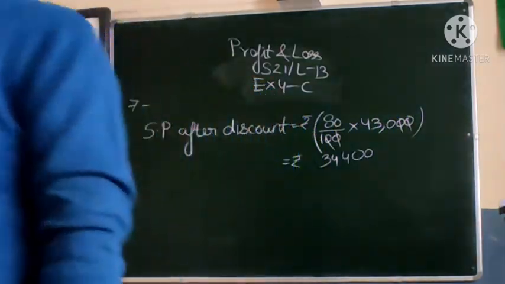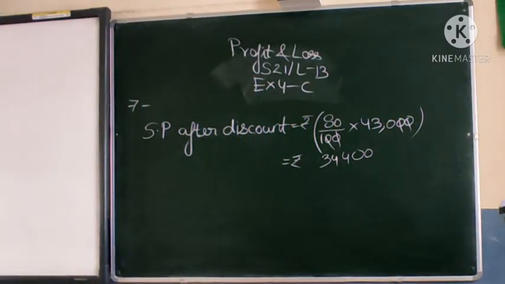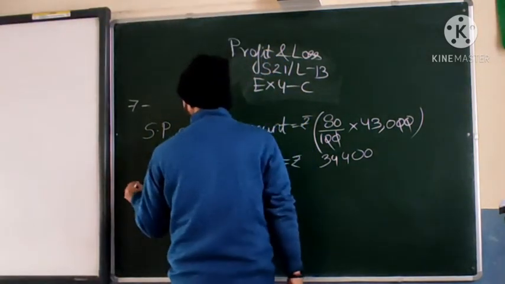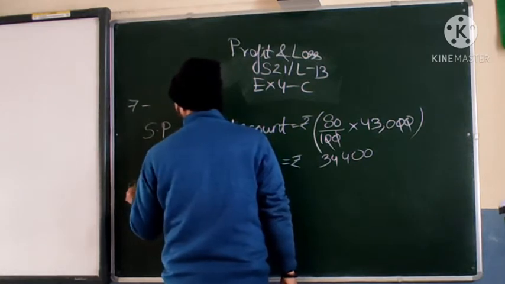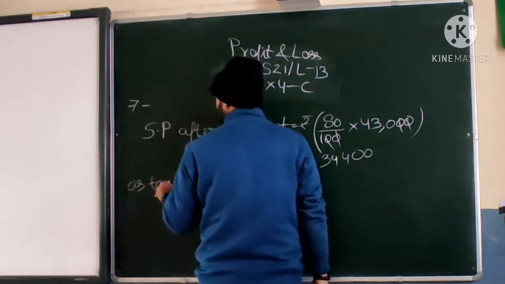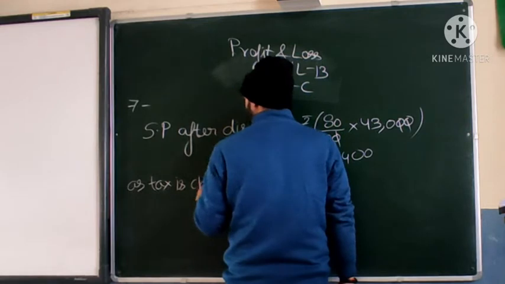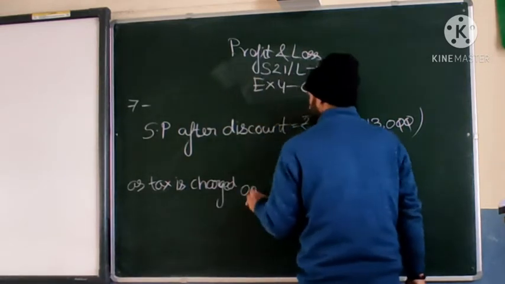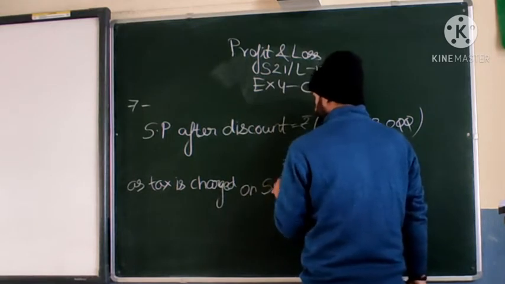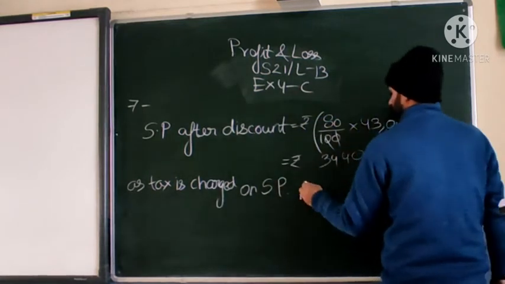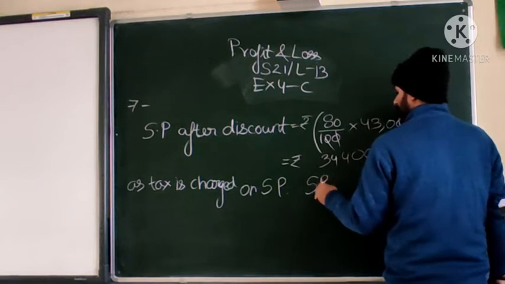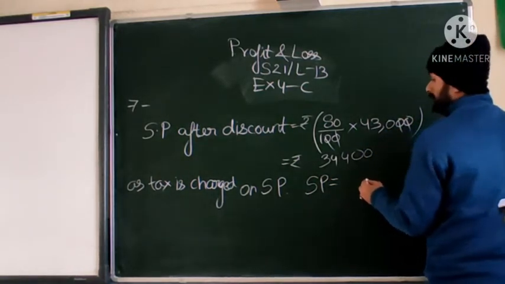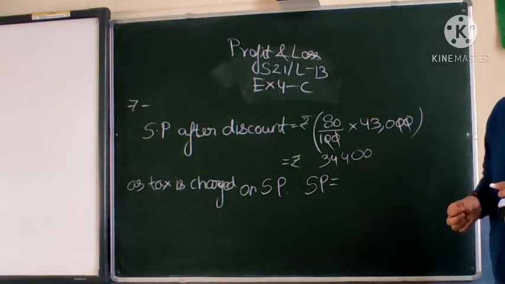On this selling price, now you are getting the tax. So right there, as tax is charged on SP, therefore the price is equal to SP plus 13% of the selling price.